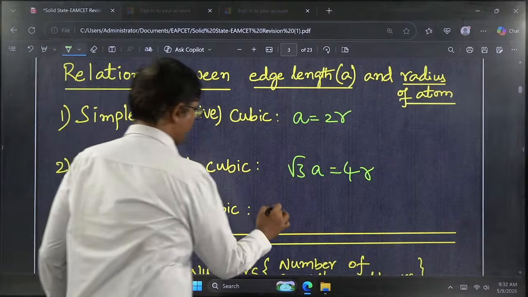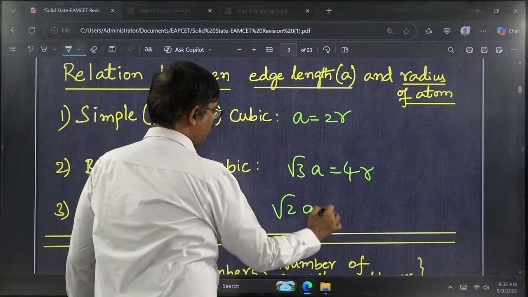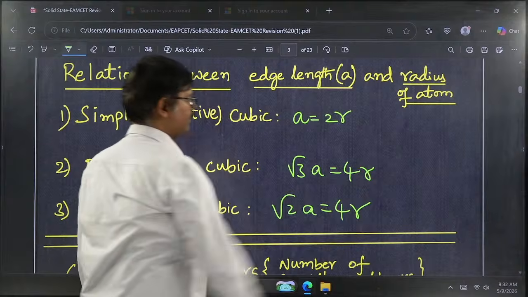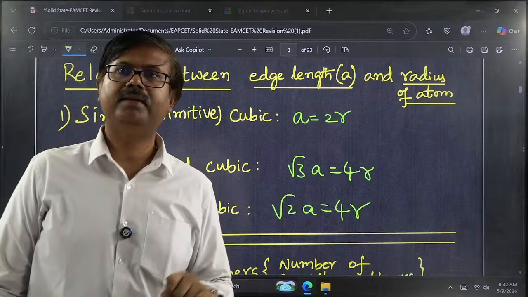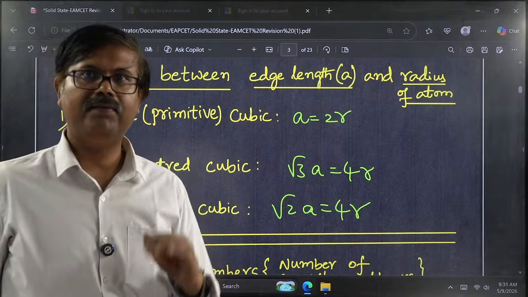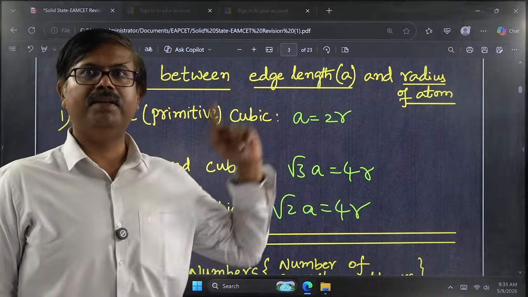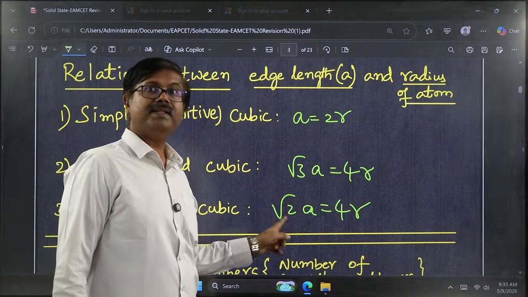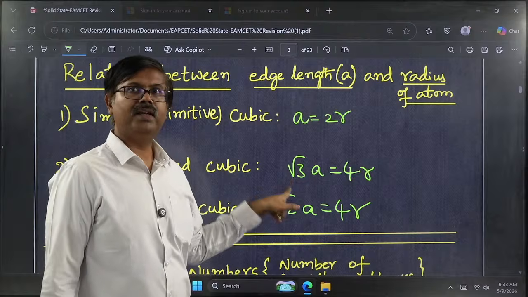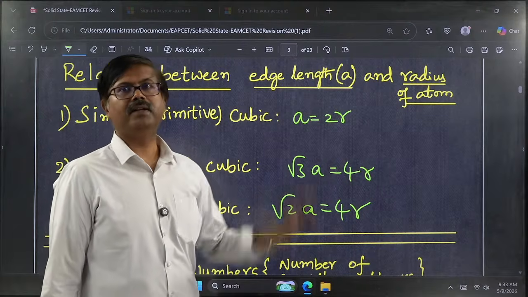Next, face centered cubic relation: root 2A is equal to 4R. So simple cubic, A is equal to 2R; body centered, root 3A is equal to 4R; face centered, root 2A, not root 3A. Root 2A is equal to 4R.